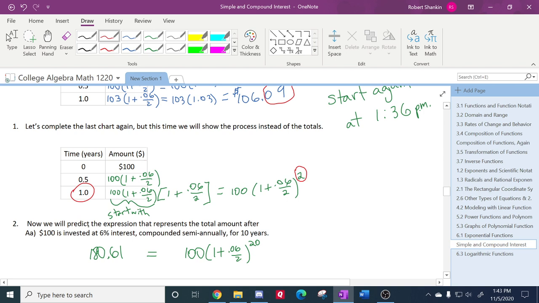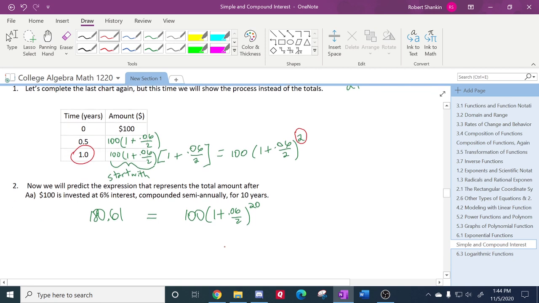By the end of 2 years you'd have 4 compoundings. In 3 years you'd have 6 because there's 2 compoundings inside every year. So by the end of 10 years you'd have 20 right here. That is correct. This is the expression that we need. We don't really need this answer because it's really asking just predict the expression that results. And the expression is this part.